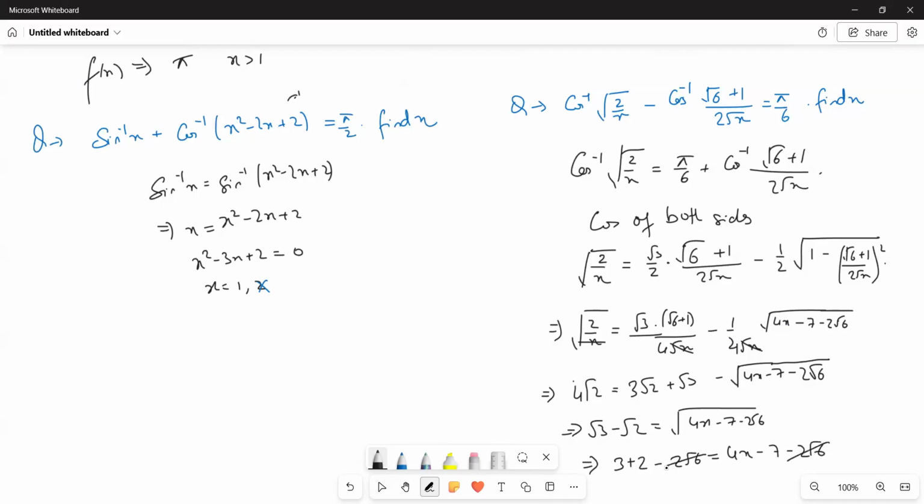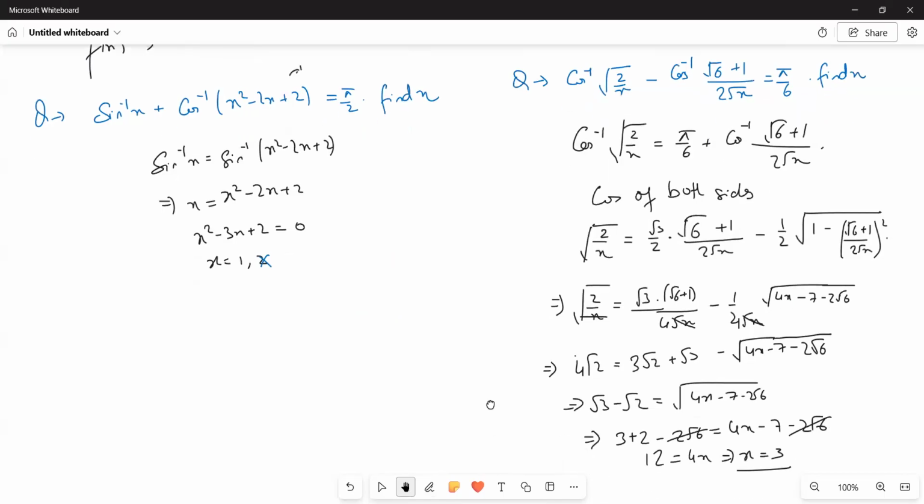So this cancelled. Here how much came? 3 plus 2 is 5, 12 is equal to 4x. So we get x as 3. That will be the answer. It should have been gotten by everyone, it was a simple question.